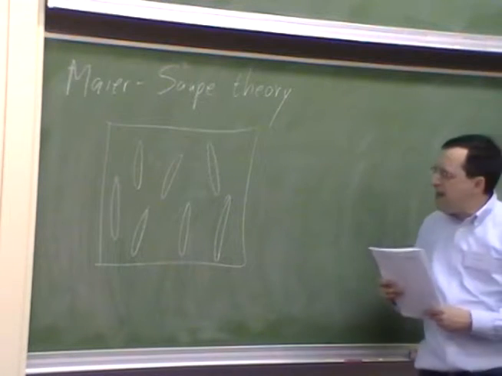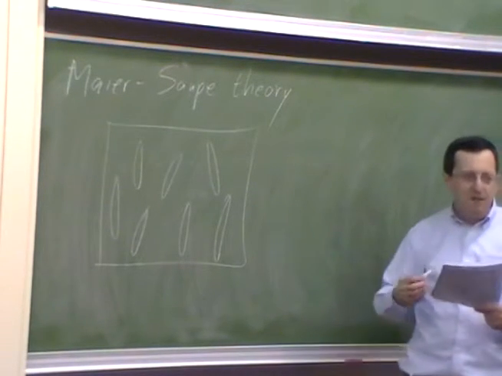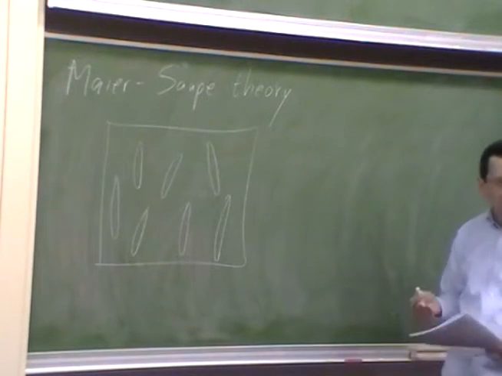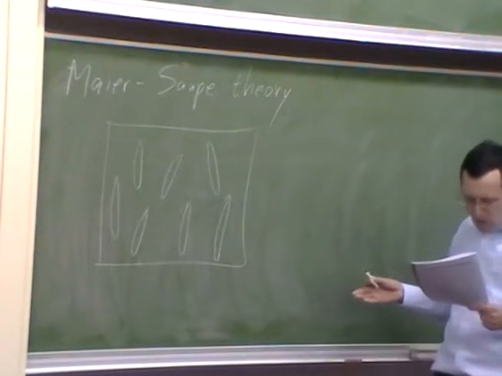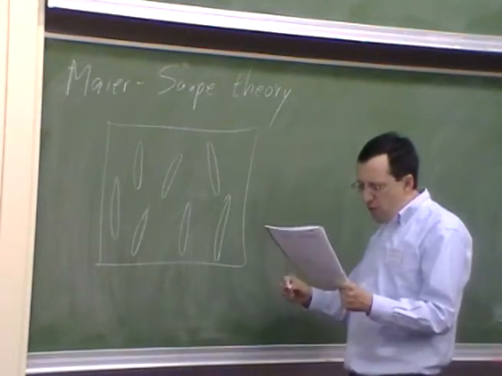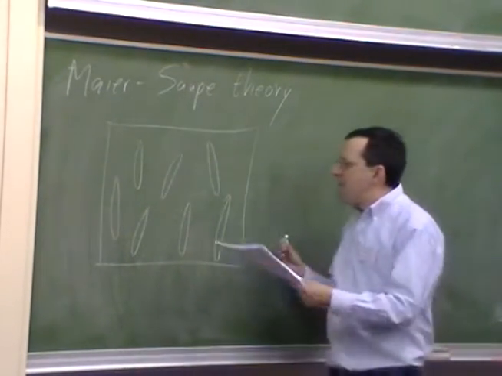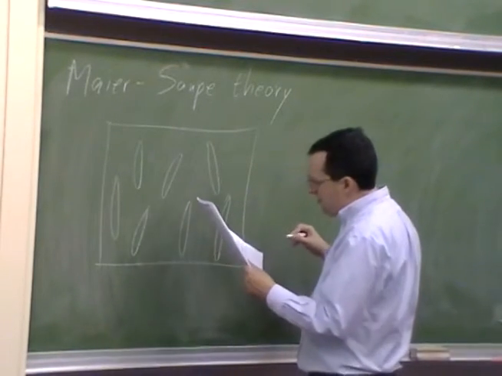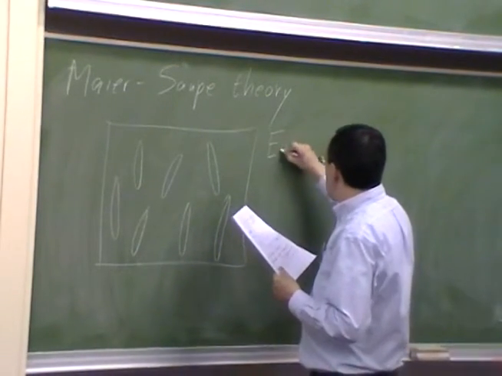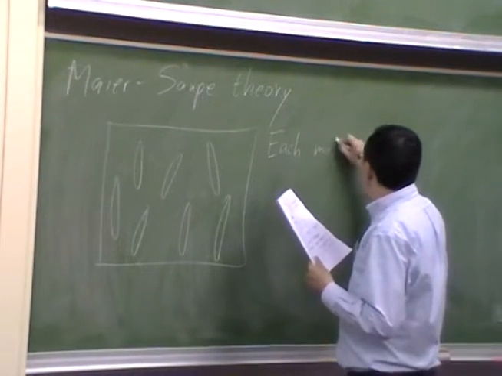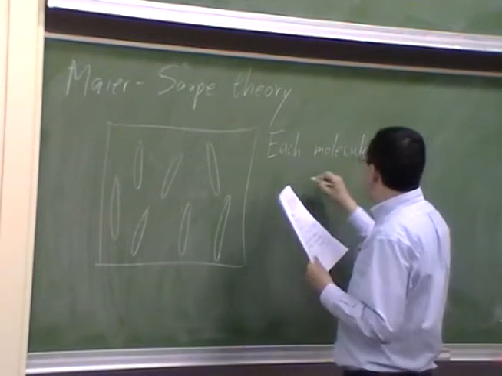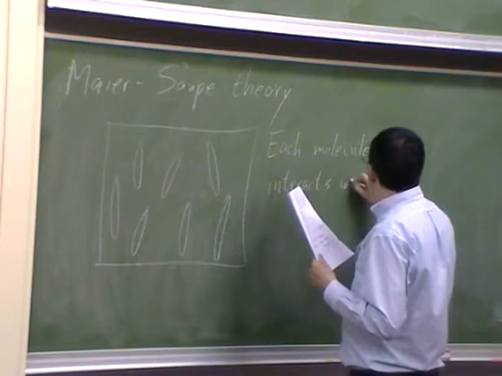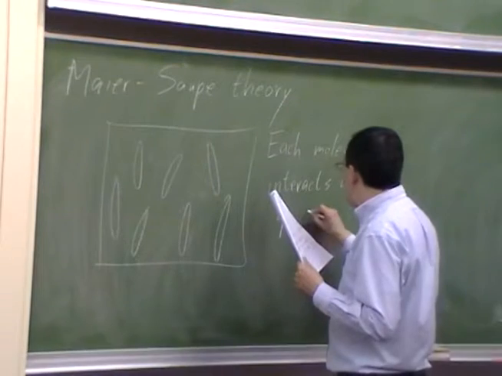In order to do that, I want to figure out energy and entropy as functions of the nematic order parameter. And for that, I need some microscopic model for the interactions. So I'm going to say that each molecule interacts with Q neighbors.